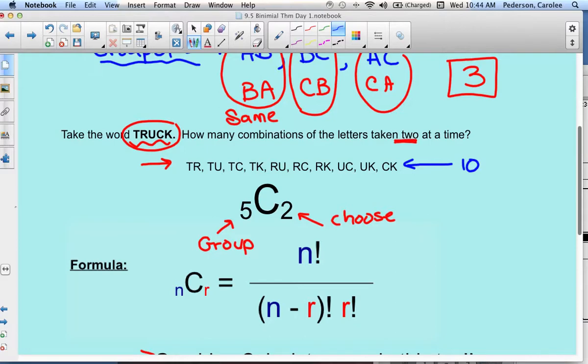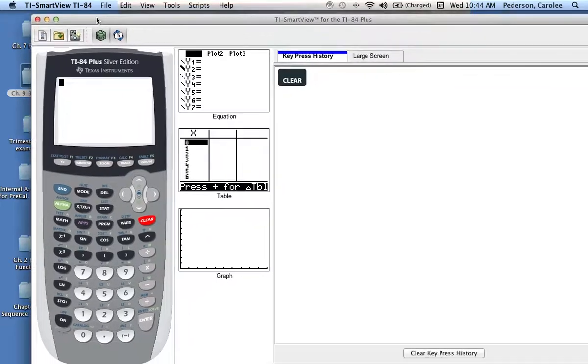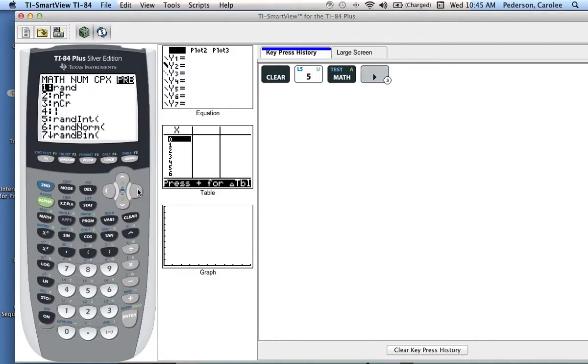Now I'm going to just go ahead and show you with the graphing calculator how to do this. So what we first want to do is enter in the 5. That was the truck. And then you're going to go to math. And then you're going to arrow over to PRB, which stands for probability.